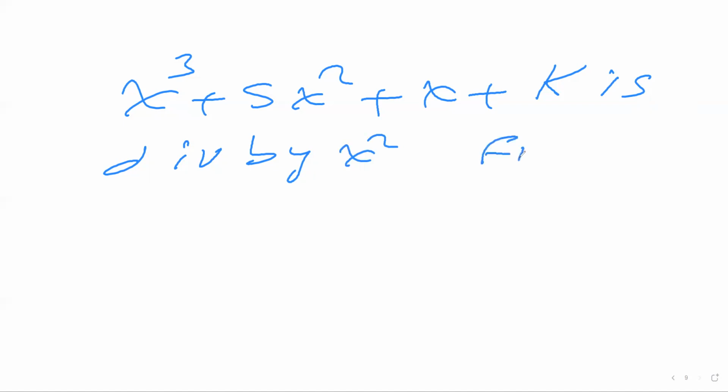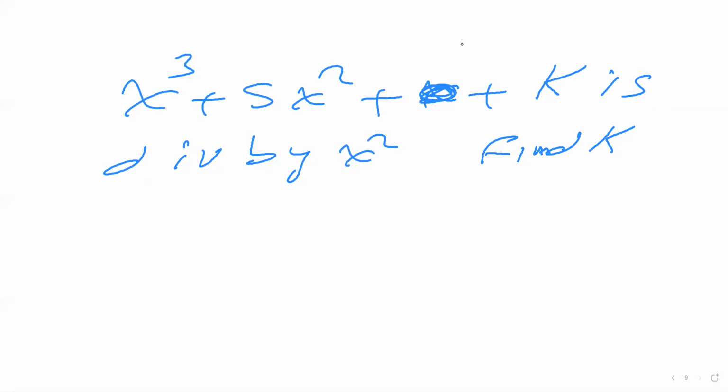Find k. Nice? x cubic plus 5x squared, or if you want it the other way, plus k is divisible by x squared. The question: find k. It's simple.